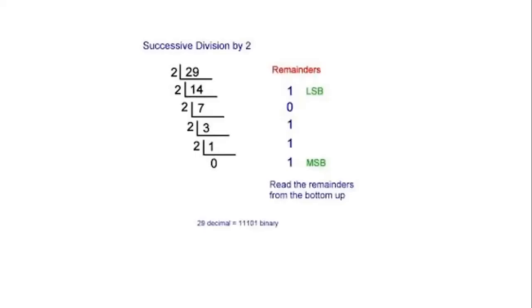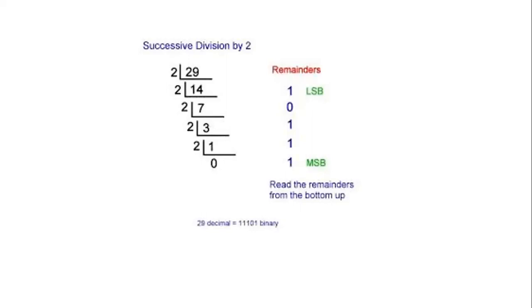Convert the number 29 to binary equivalent. Pause, solve, and check. The answer you derive is 11101.